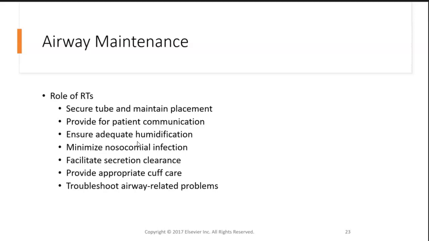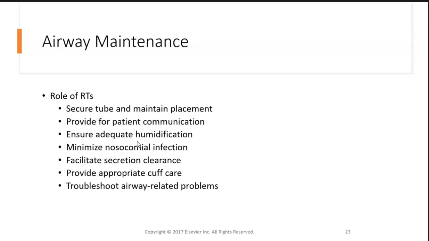All right, so airway maintenance. Moving into the readings that are actually official for this chapter, the respiratory therapist must focus on several aspects of airway maintenance when any type of tracheal airway is in place.